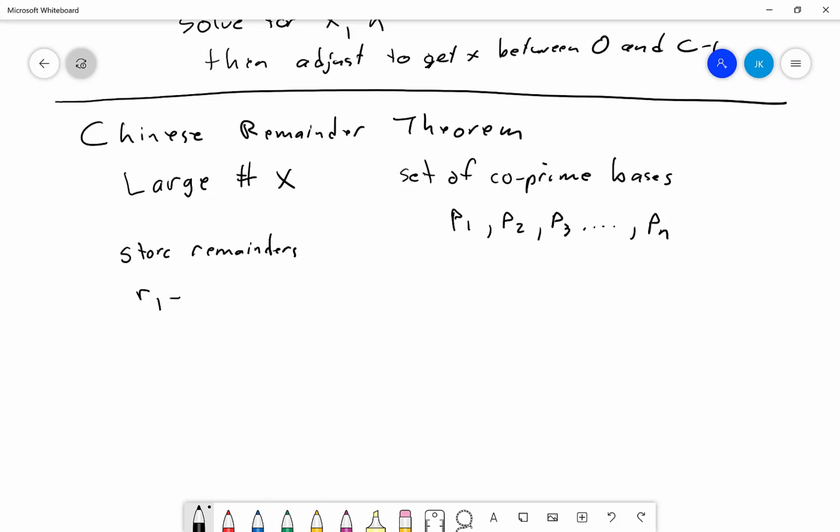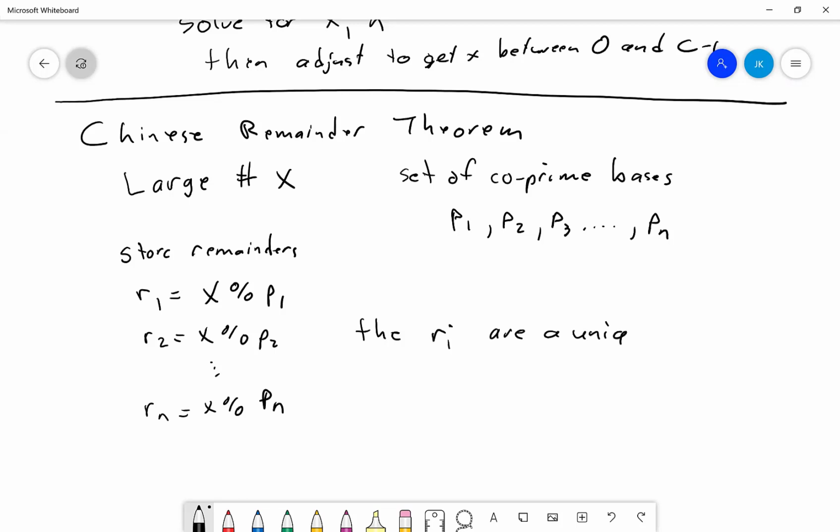So we'll say R1 is x mod P1, R2 is x mod P2, all the way up to Rn is equal to x mod Pn. The R sub i's are a unique signature for x.